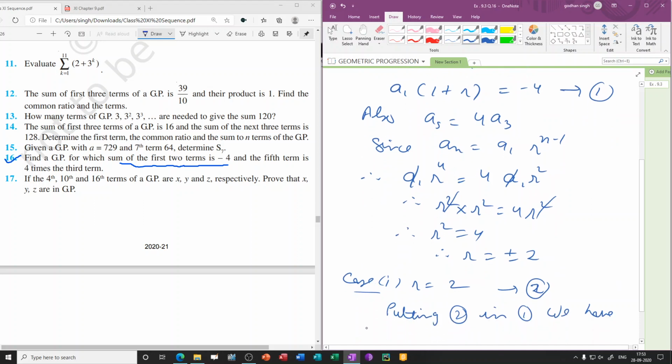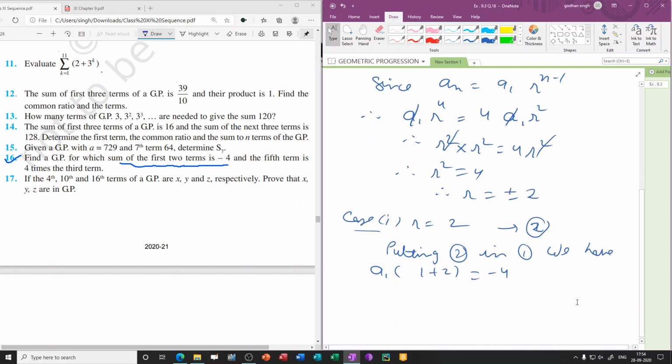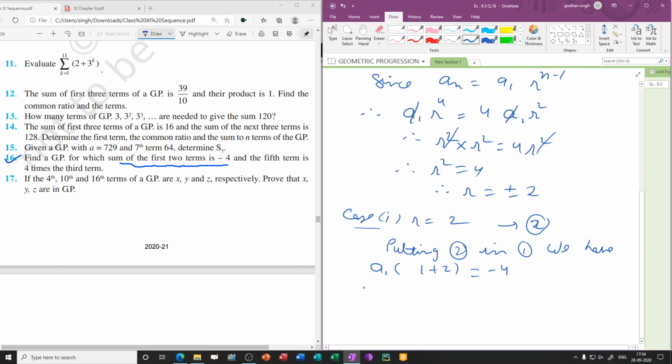So A1 into 1 plus R, that is 1 plus 2, equal to minus 4. So this will give us, therefore A1 equal to minus 4 by 3.